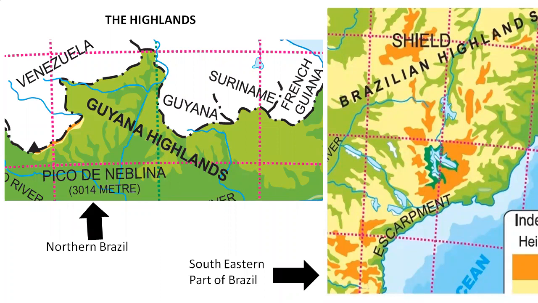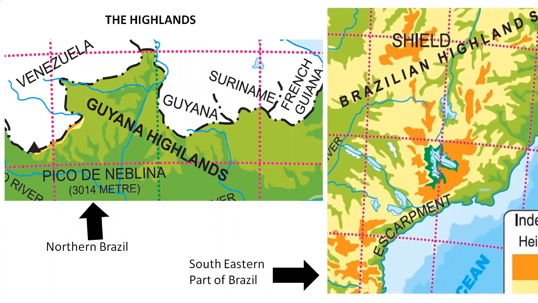These highlands can be divided into 2 sections, that is, the Guyana highlands in the north and the Brazilian highlands in the south. The Guyana highlands extend right from Venezuela up to French Guiana. The lower or the southern part of this Guyana highland lies in the northern part of Brazil.